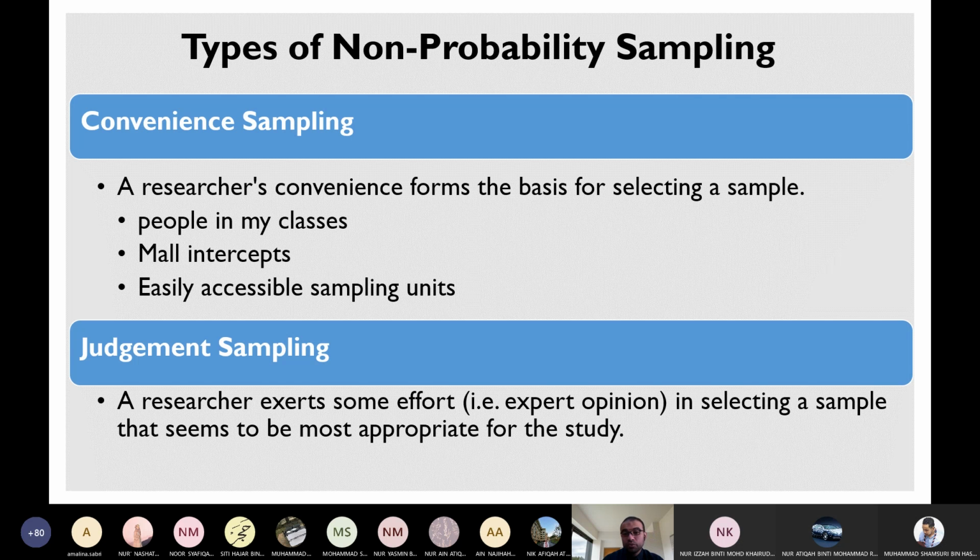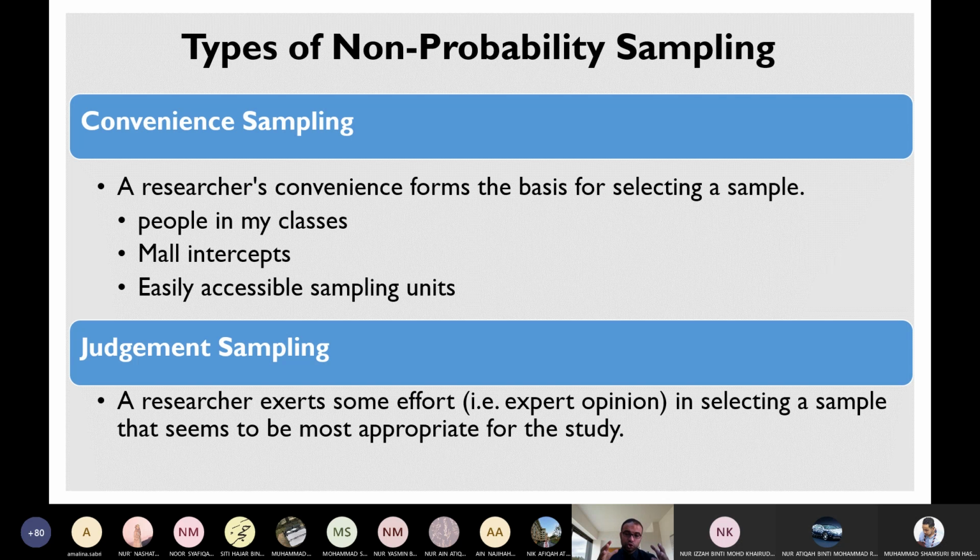One other example of non-probability sampling is judgment sampling. You decide which population to look for, with certain characteristics. Judgmental means the researcher him or herself has some input, for example, that we will focus more on adult or elderly participants, although all the adults are eligible.